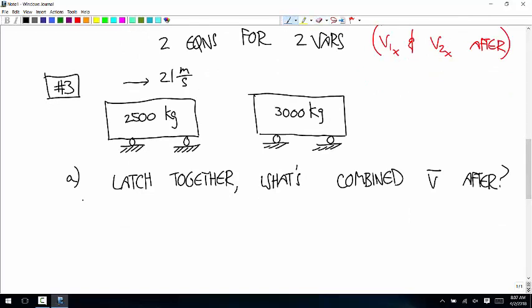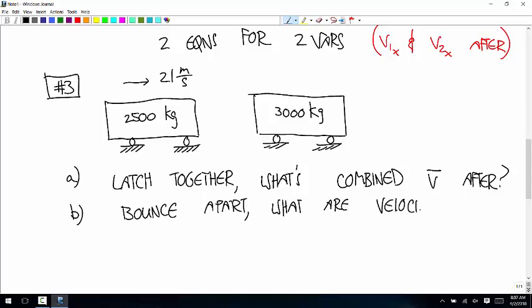And then second, they bounce apart. What are the velocities after?